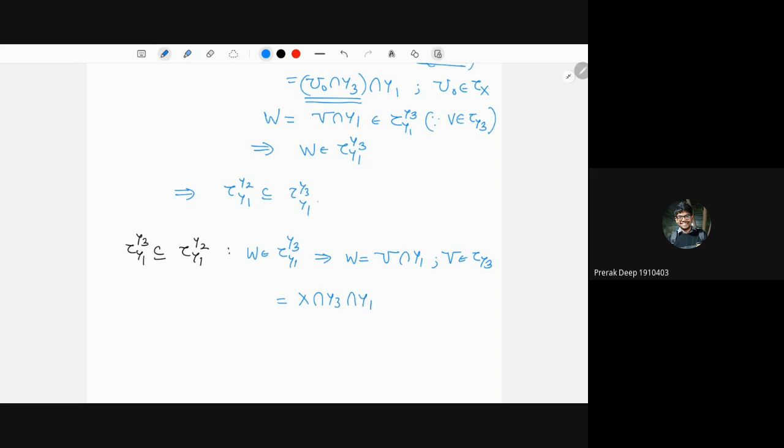Since V is an element in the topology of Y3, V is nothing but U naught intersection with Y3 for U naught in tau X, where tau X is the topology on X. So W can be written as U naught intersection with Y3 intersection with Y1, which is nothing but U naught intersection with Y1.